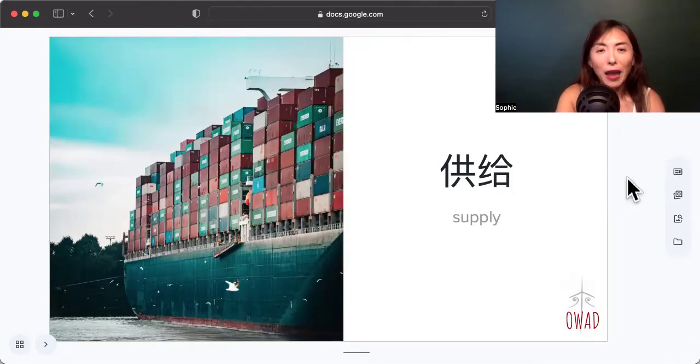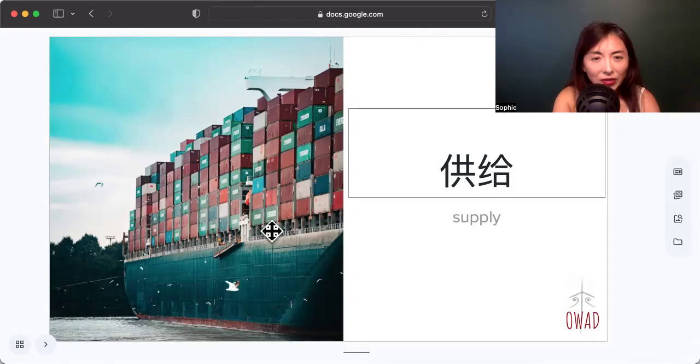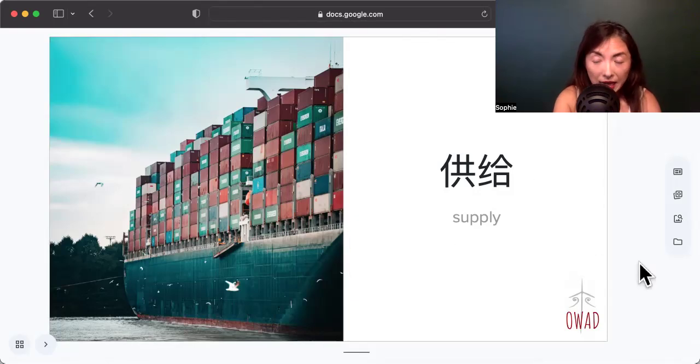So 供给, supply, in today's global trade context, when we think about supply, it's this, but it all came from having enough fabric for people. And that's just offer enough. Don't oversupply. That's the concept of supply.